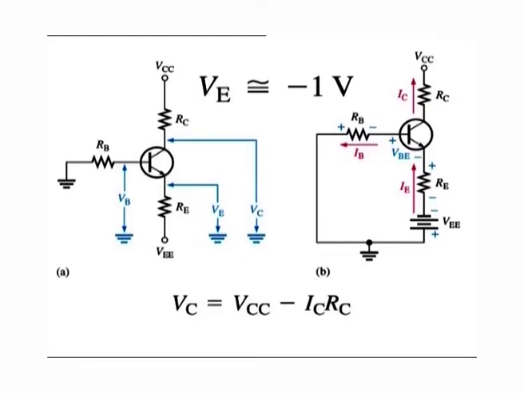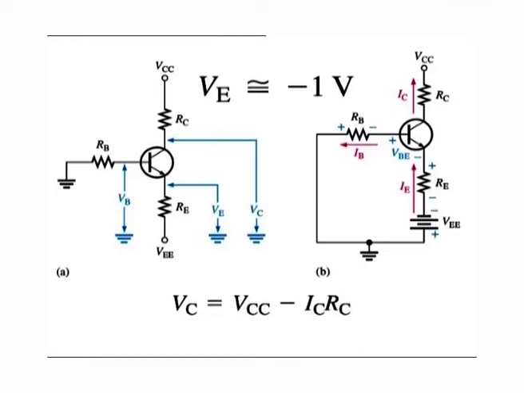The approximation that VE is approximately equal to -1 volt is useful for troubleshooting because you won't need to perform any detailed calculations. In the case of voltage divider bias, there is a more rigorous calculation for cases where you need a more exact result. The approximation that VE is approximately equal to -1 volt and the neglect of beta DC may not be accurate enough for design work or detailed analysis.